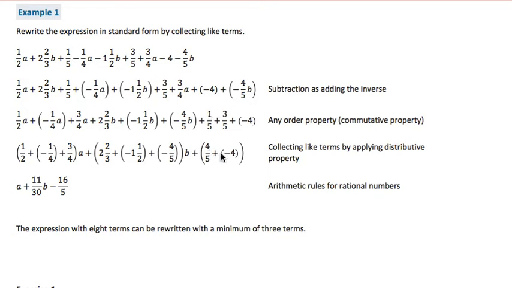And 4/5 plus negative 4 is negative 16/5. And that would be our final answer. There's nothing more that can be combined or simplified, so our expression in simplest form is a plus 11/30 b minus 16/5.